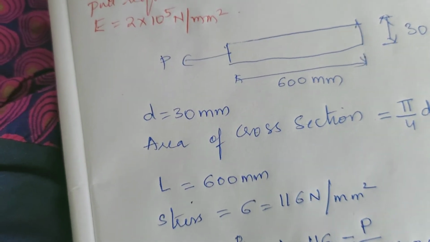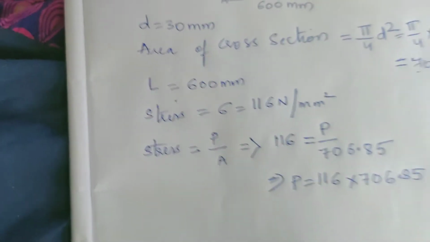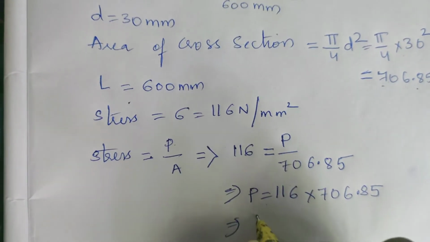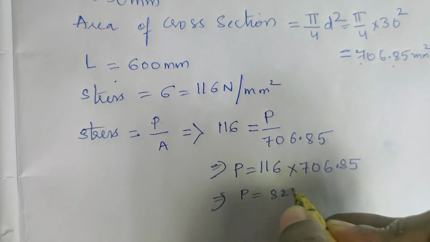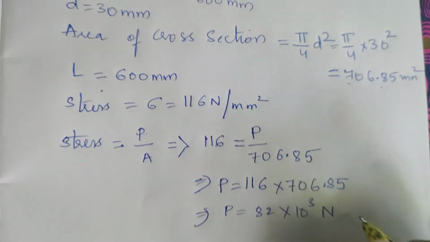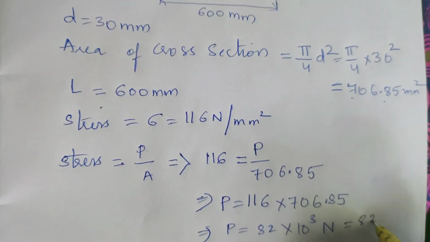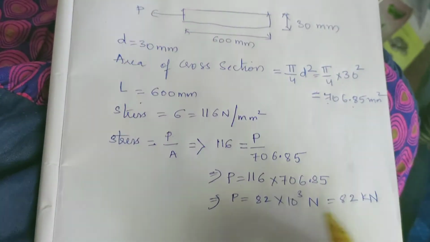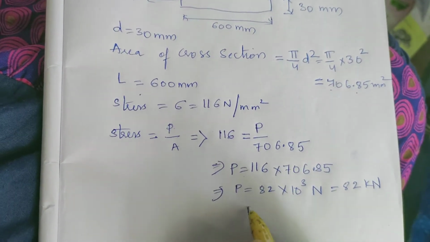So we'll get somewhere P is equal to 82 into 10 to the power of 3 newtons. They asked us in kilonewtons, hence 82 kilonewtons. So this is our load.